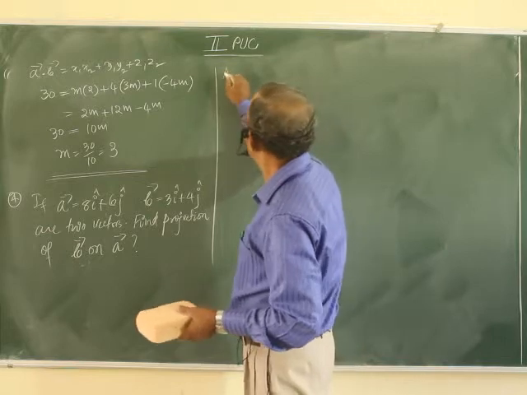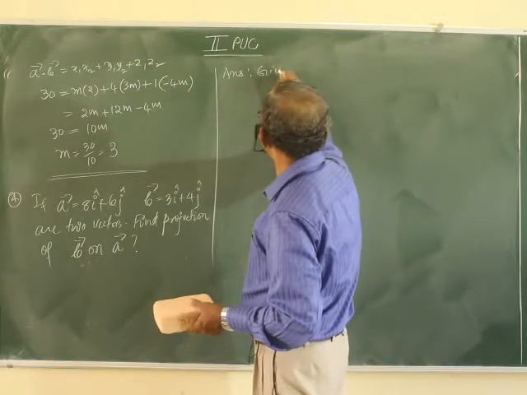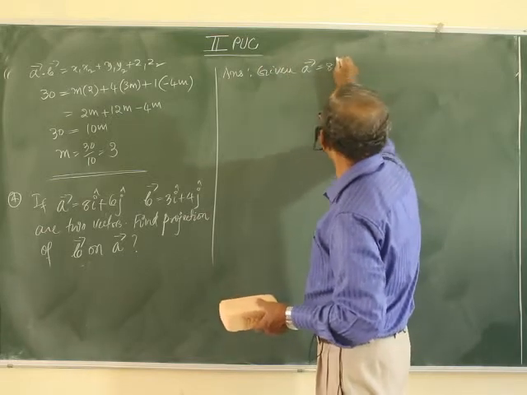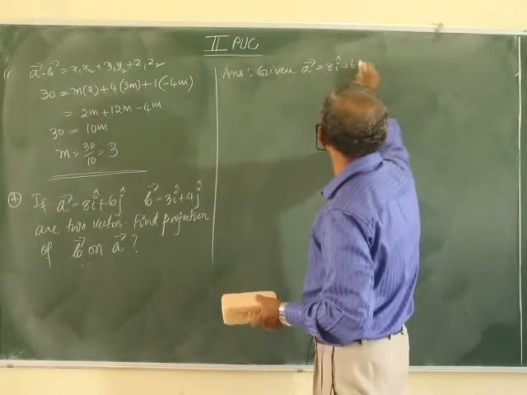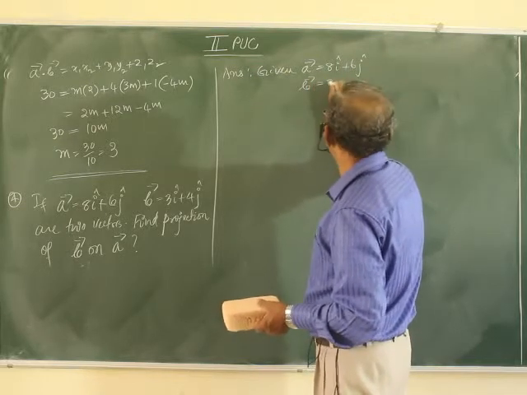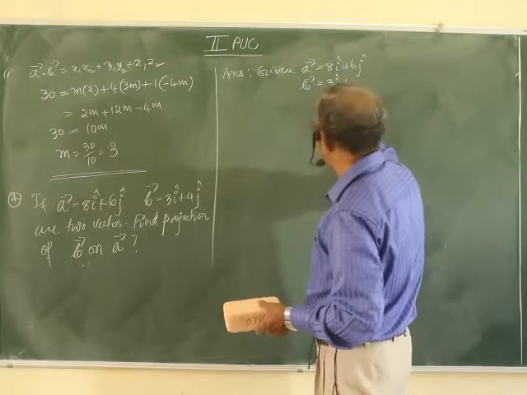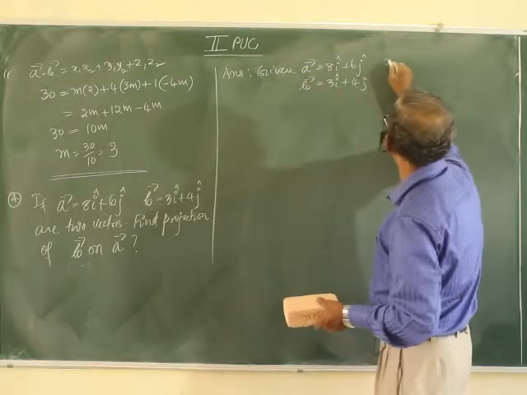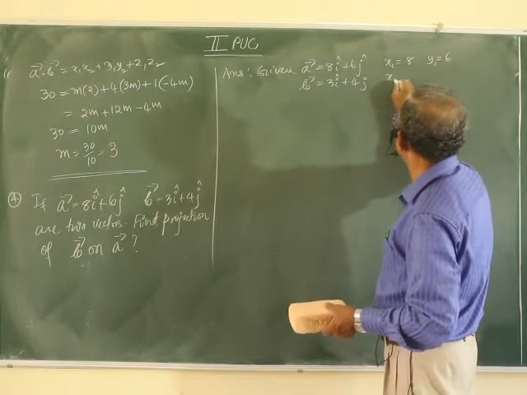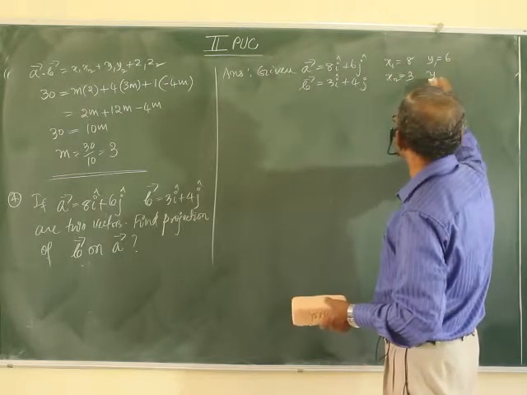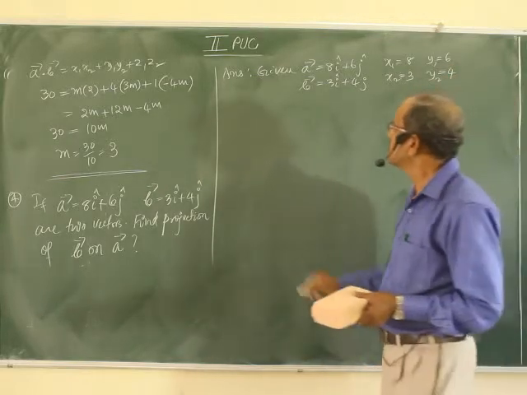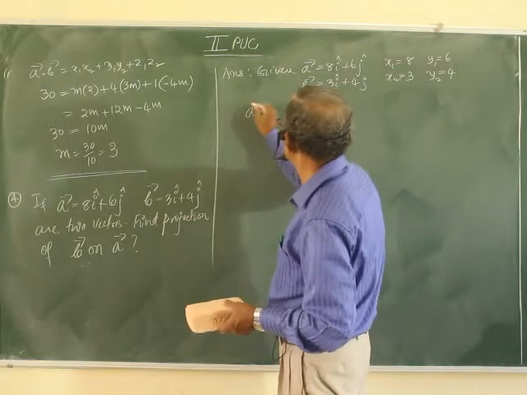So, answer. Given A equal to 8i plus 6j, B equal to 3i plus 4j. x1 is 8, y1 is 6, note there is no z1, x2 is 3, y2 is 4. Now write the formula carefully.